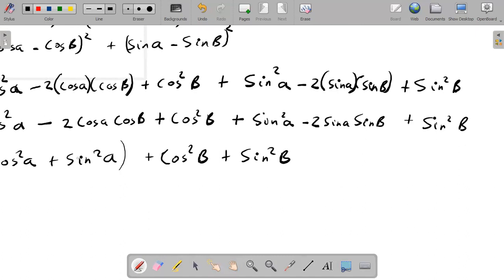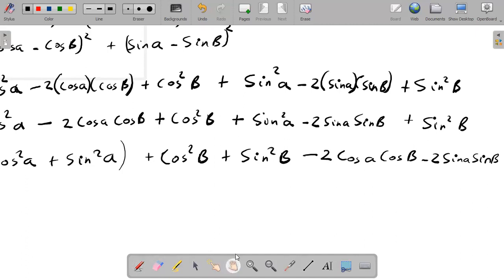Then we are left with minus 2 cos alpha cos beta and minus 2 sine alpha sine beta. So we are going to group them as well: minus 2 cos alpha cos beta minus 2 sine alpha sine beta.